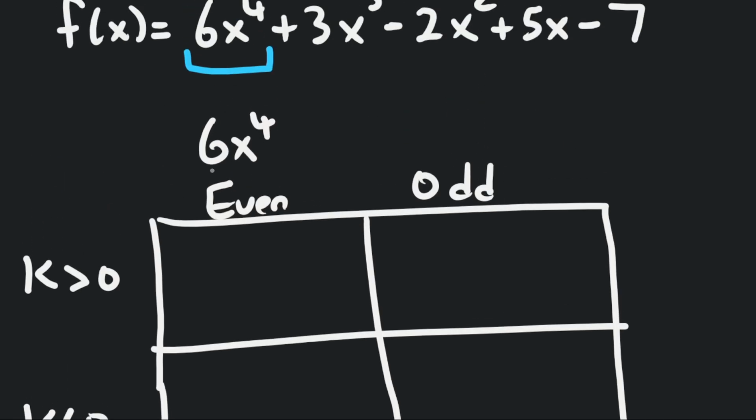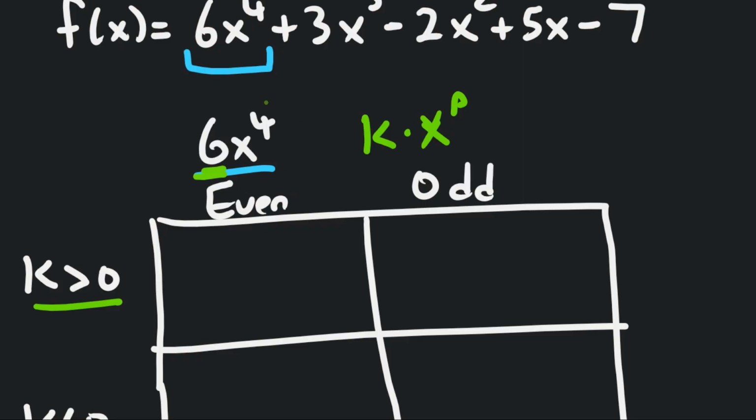Because 6x to the fourth, if you look at this as if it were a power function, is in the form k times x to the p. So is k greater than or less than 0? Well, our k in this case is 6, which is a positive number, so it's greater than 0.